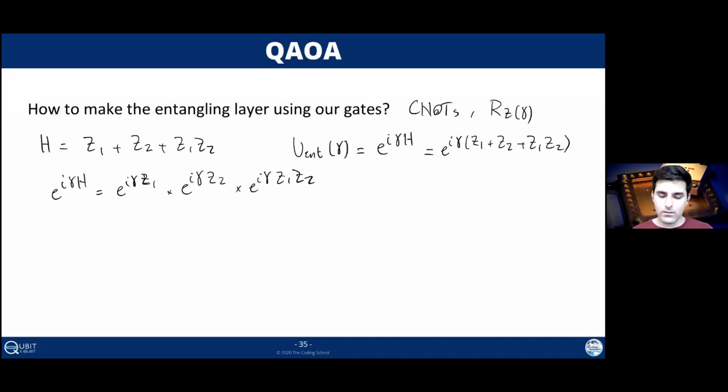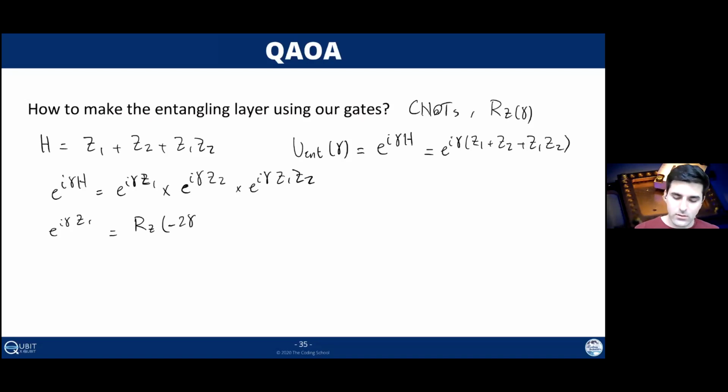Once we have things in this form, which again we can only write because the order in which we apply sigma Z operators doesn't matter, then e^(i gamma Z1) is just as if I were to apply a rotation around the Z-axis by -2 gamma on qubit 1.